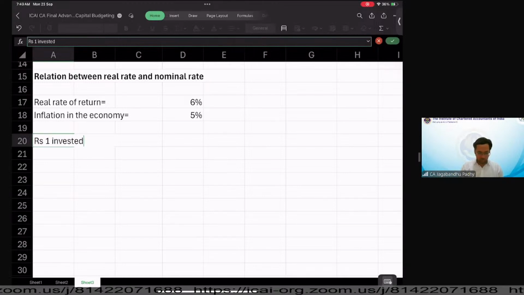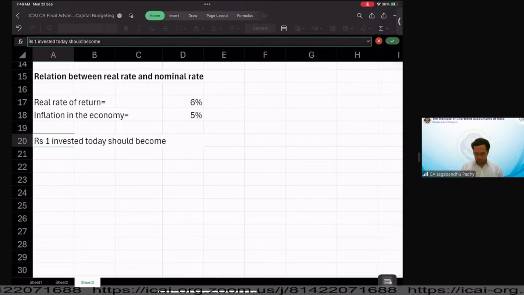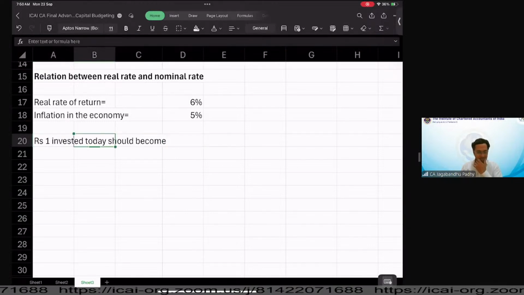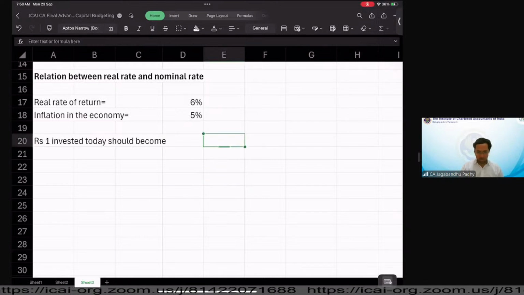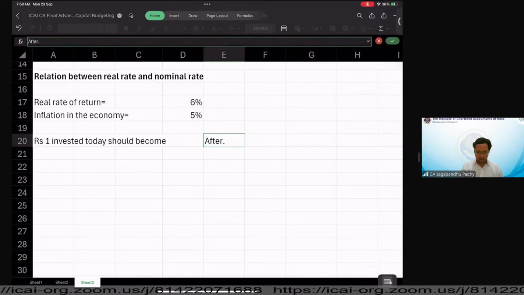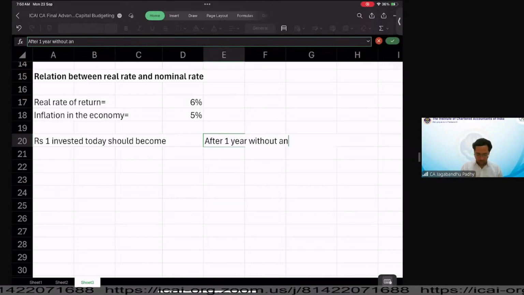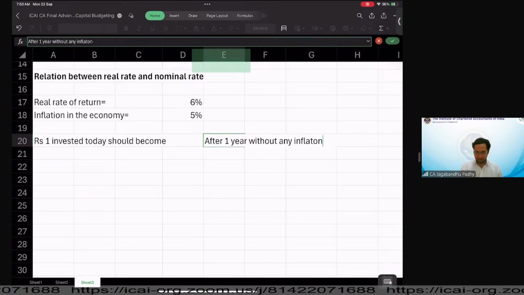Rupees 1 invested today should become some number after 1 year without any inflation in the economy.